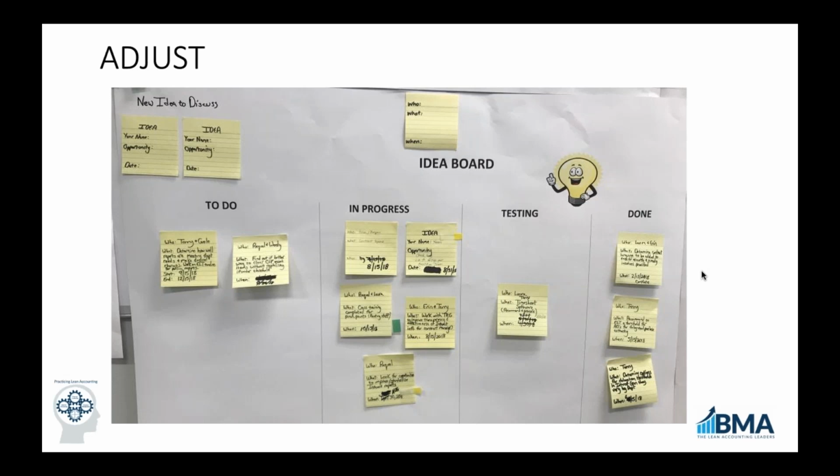In terms of adjust, they had a team Kanban or a team idea board where they had ideas that they wanted to tackle. Those were in the to-do. Those were generated in both the daily check and then in the end of process reflection. Ideas that they were currently working on, things that were in testing, meaning that they were testing a new process, and then what was done.